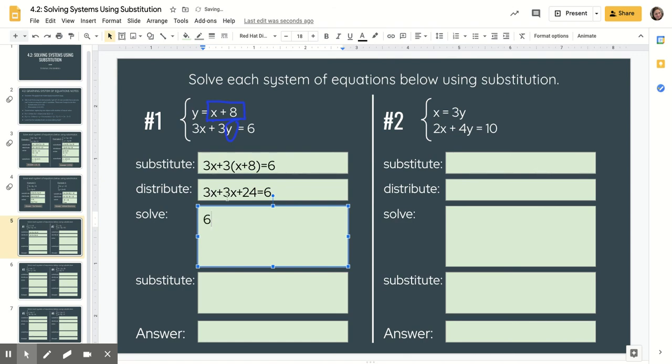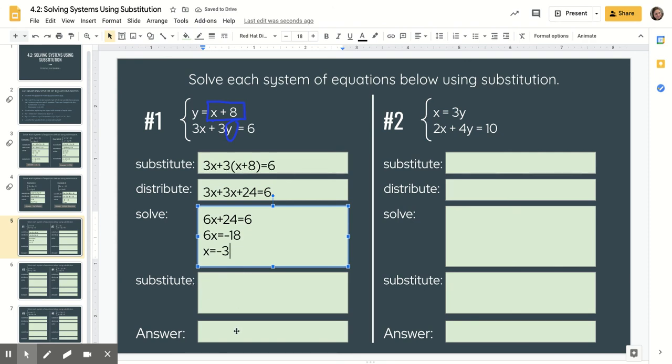That makes 6x plus 24 equals 6. And then I'm going to subtract my 24 from both sides. 6 minus 24 is negative 18. And then divide by 6 on both sides. Negative 18 divided by 6 is negative 3.